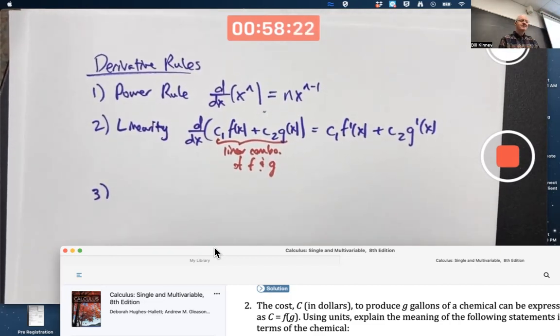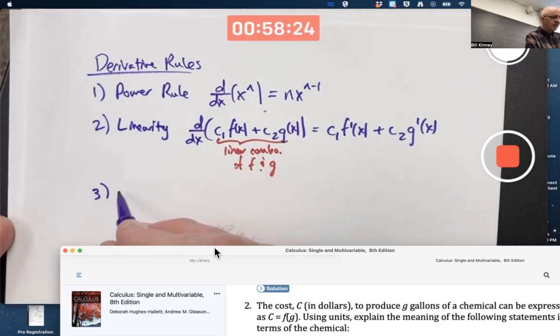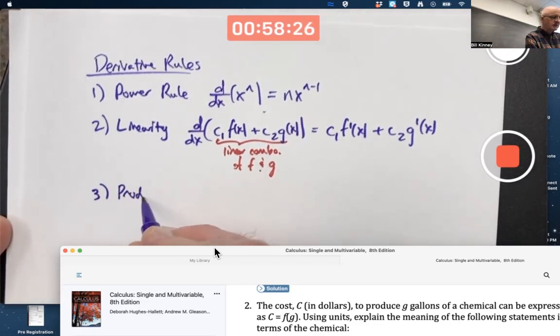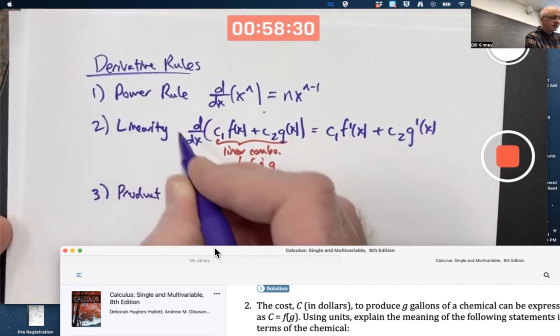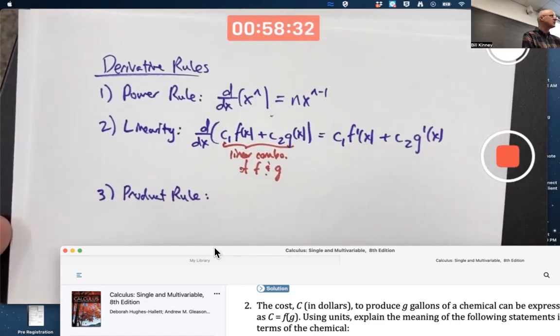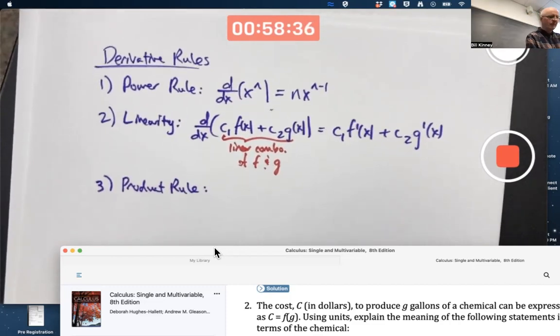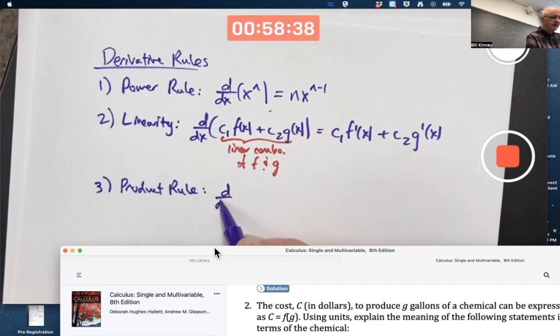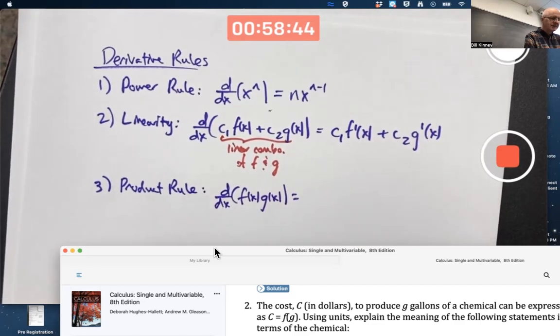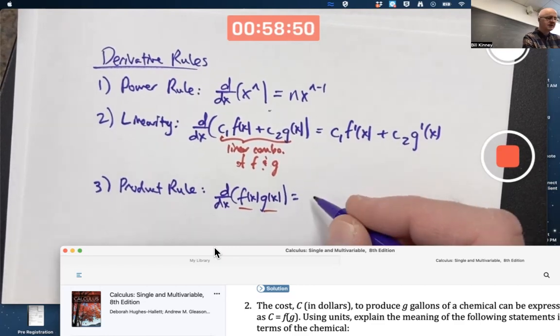We've got the product rule. These rules you should know, not just to take individual derivatives, but you should know them in the abstract, the way I'm writing them down right now. So the derivative of a product, f of x times g of x, a left function times a right function, or a first function times a second function.